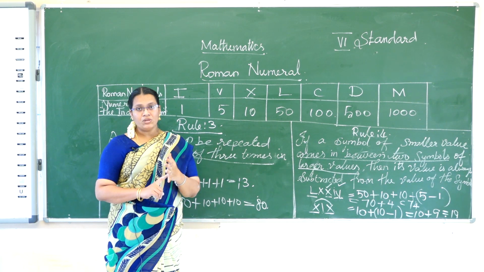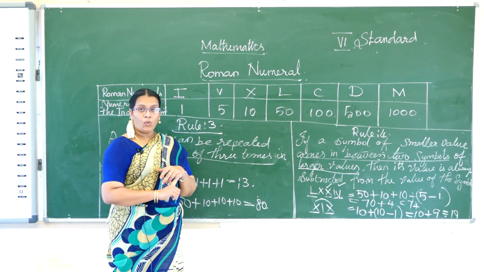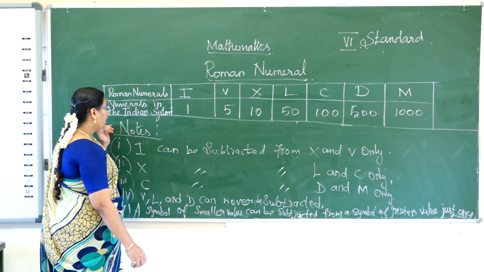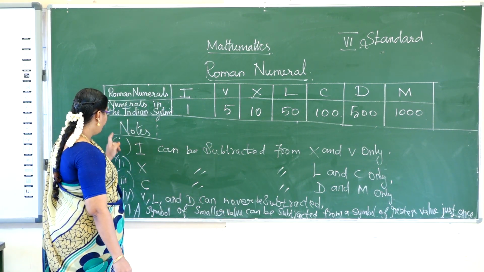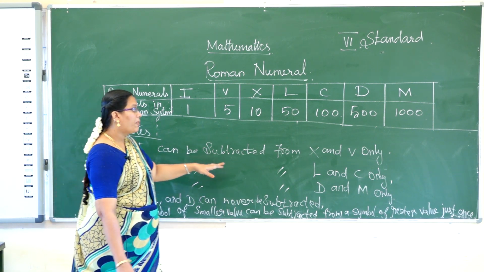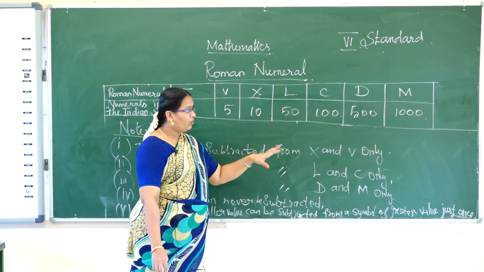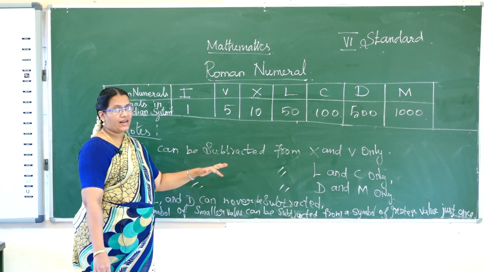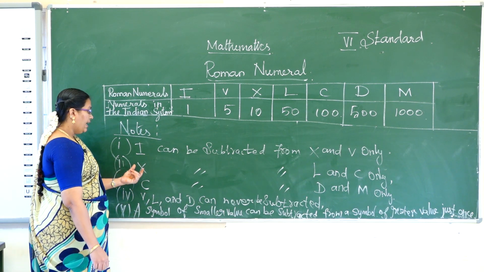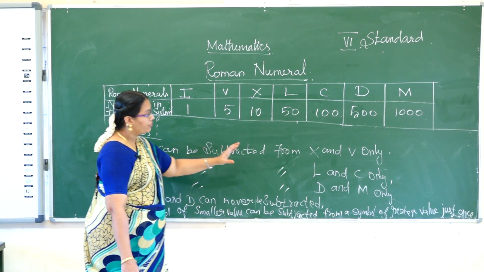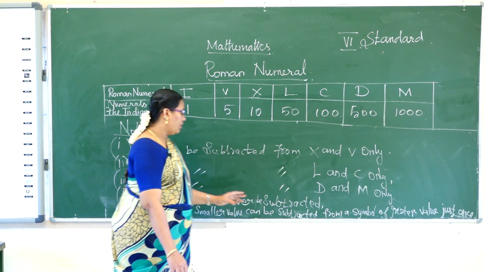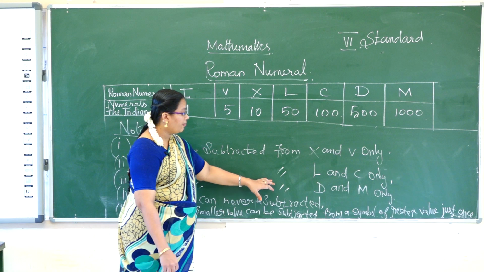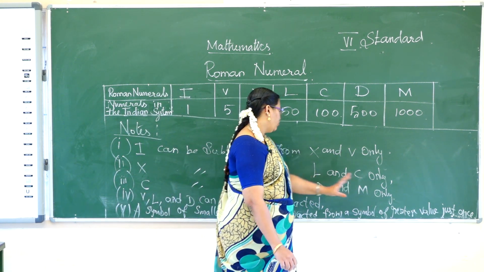Here follow some notes, hints for the Roman numerals. Some rules are followed for writing the numerals. So first rule, I can be subtracted from X and V only. Okay, so other letters are not possible to subtract. And next one, X can be subtracted from L and C only, and third one, C can be subtracted from D and M only.